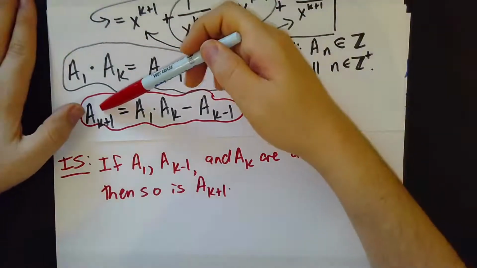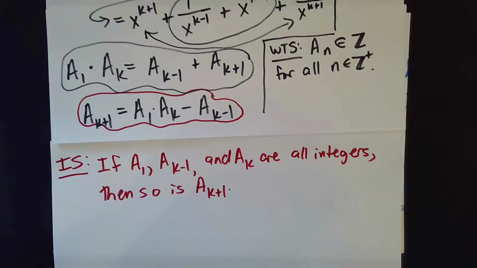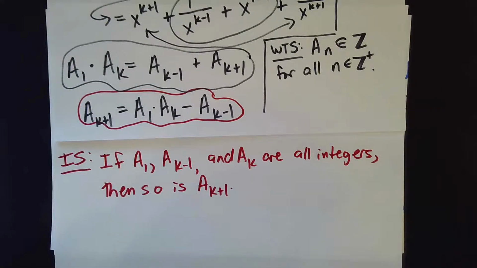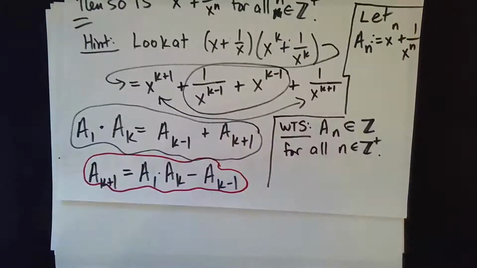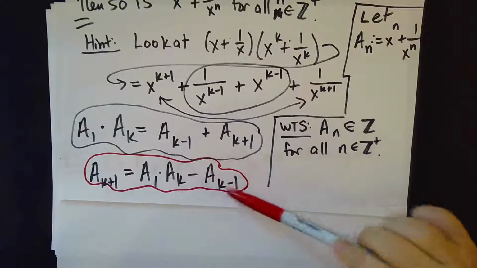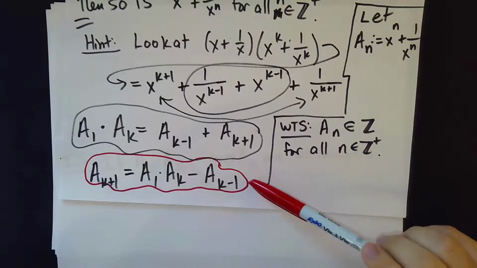And so that tells me in particular that a sub k plus 1 is also an integer. Okay, and so basically by just following this hint, I sort of fumbled backwards into what my inductive step is supposed to be.